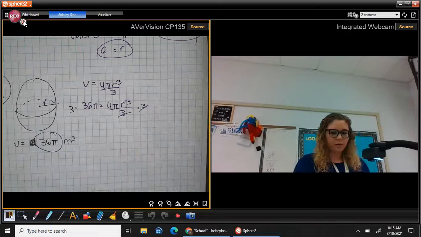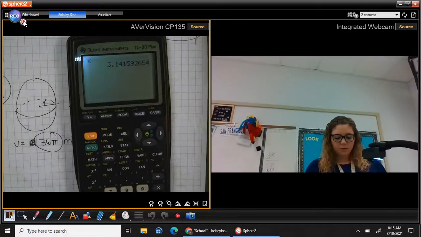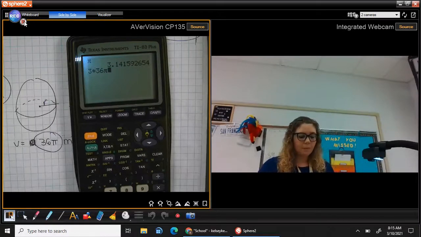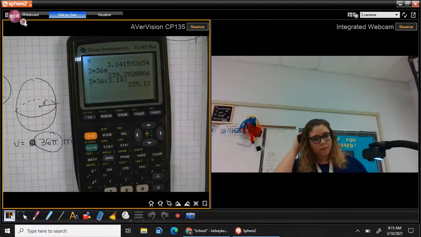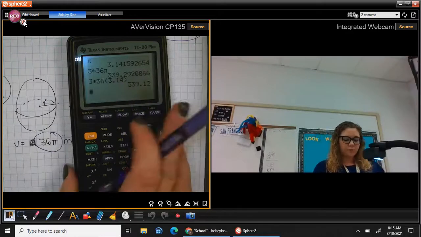These cancel out. Okay, so I'm going to go to my calculator. Okay, 3 times 36 pi. Again, the pi button is on Desmos. Or you can do 3 times 36 times 3.14. And it'll give you about what was up here, okay? But we're going to go with the most accurate one, which is this one.